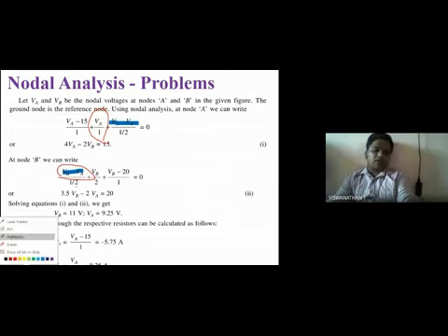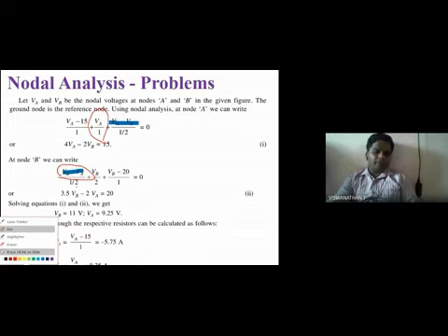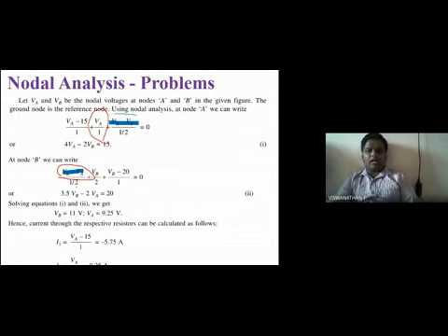In the classroom, some students may ask questions: how are we writing this? We are discussing the value with respect to that specific node. Here we are speaking about the VA node, here about the VB node. So you need to write VB minus VA here, and here VA minus VB.